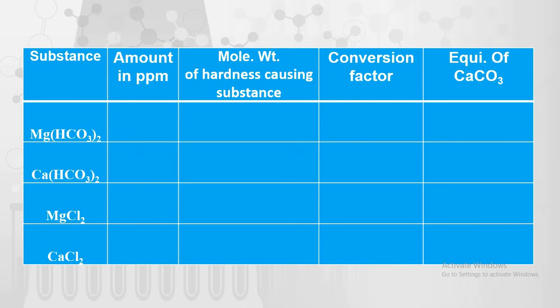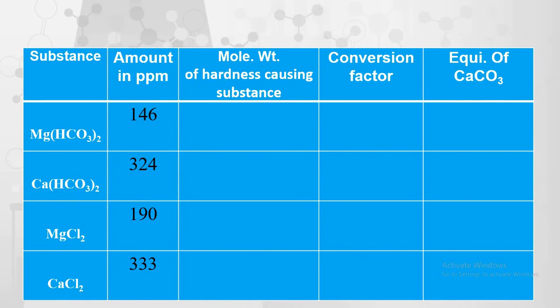The amount in ppm is also given in the problem, which you put here. Then the molecular weight of the hardness causing substances, the calculation of which we have already seen, is written here.